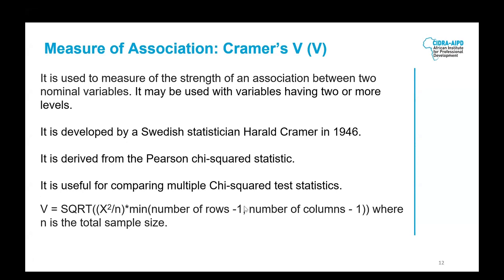Whereas Cramer's V is a measure of substantive significance, and it answers the question, how strong does the relationship appear to be? Right, so here on this slide, Cramer's V is used to measure the strength of an association between two nominal variables. It may be used with variables having two or more levels.